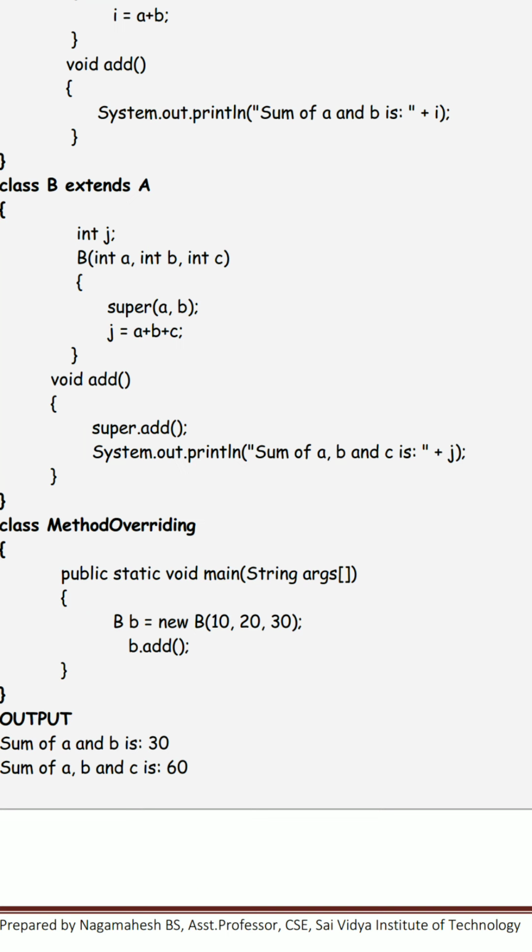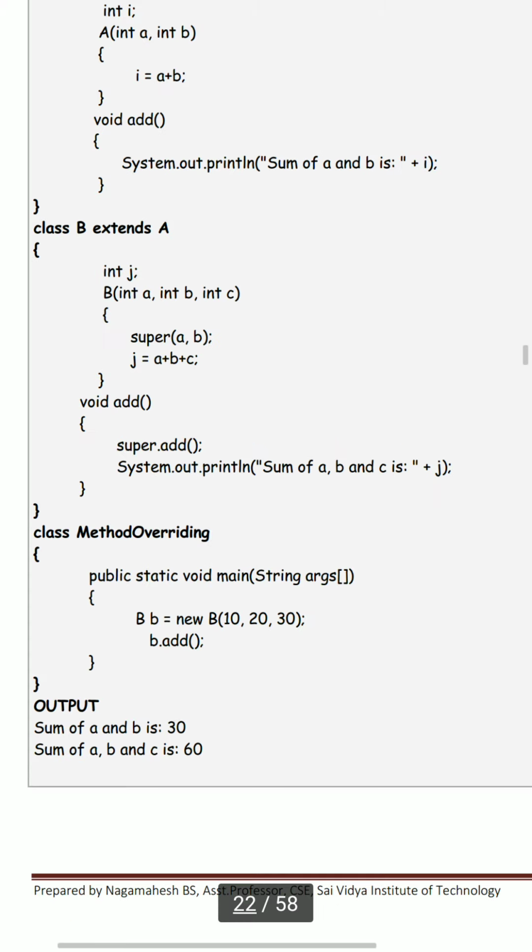After that we are going to have the b.add method call. We know that class B has two add methods. One add method is of the superclass, one add method is of its own class, so both have the same name.